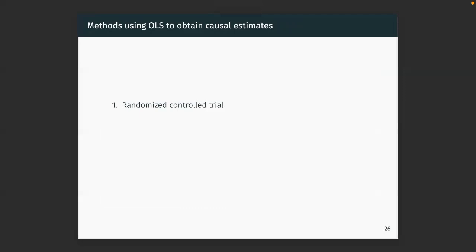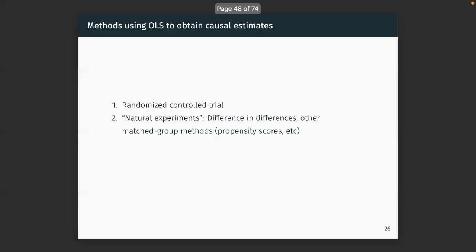to use OLS to obtain causal estimates, the easiest way to do it is with the randomized control trial, an RCT. That is the gold standard for using OLS to obtain causal estimates. We saw earlier that we could use something like a difference in difference design. Remember the minimum wage experiment? There are just stricter assumptions that we have to meet if we're going to use non-randomized methods. If we're going to use a matching-based method like a difference in difference, those are called natural experiments.